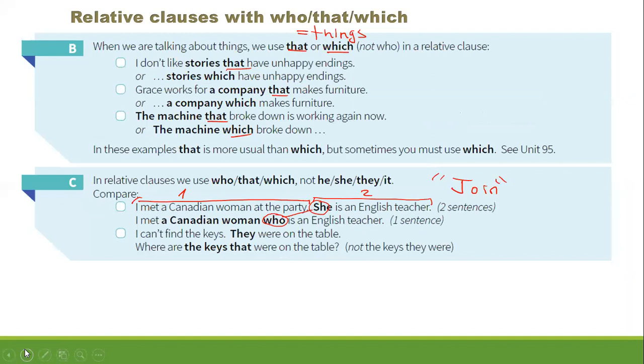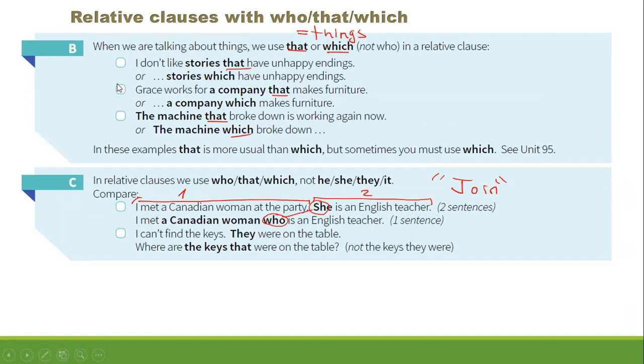And also relative clauses with that are the other way of using it. When we are talking about things, we use that or which in a relative clause. But for people, who and that only. For things, we can use that or which. I don't like stories that have unhappy endings, for example, right?